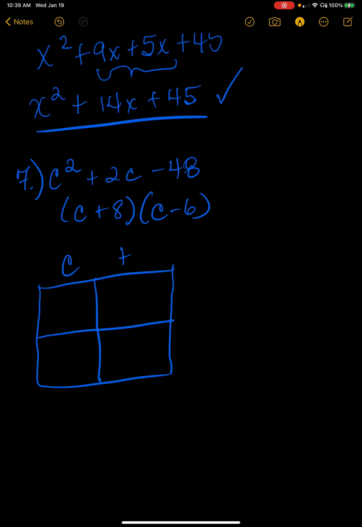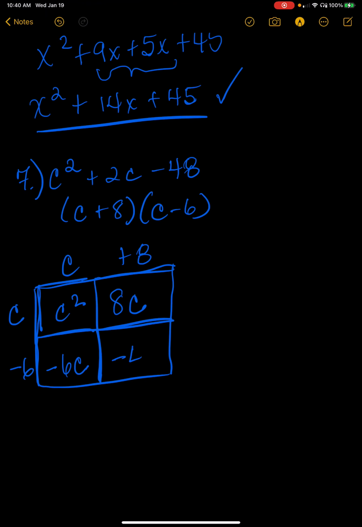We have C plus 8, C minus 6. C times C is C squared. 8 times C is 8C. Negative 6 times C is negative 6C. Negative 6 times a positive 8 is negative 48.